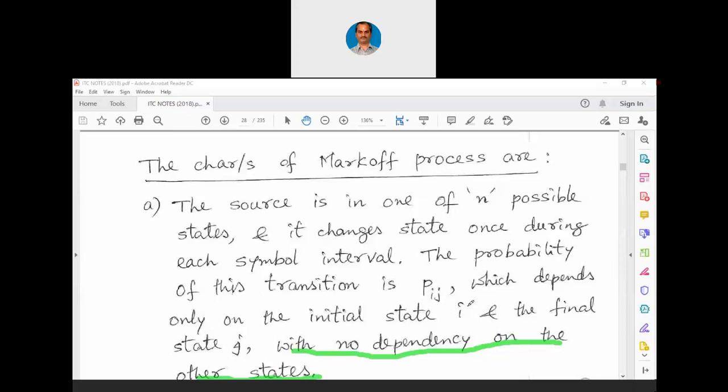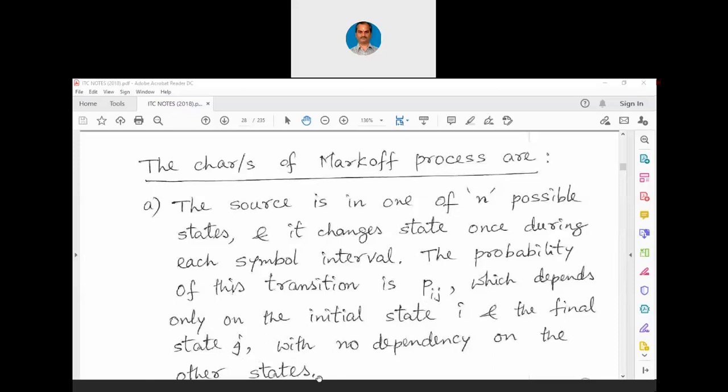So what Markov did, just to make this simpler, was he simply assumed the third state will not have a relationship with the first state. So the probability of this transition is Pij, which depends only on the initial state i and the final state j, with no dependency on the other states.